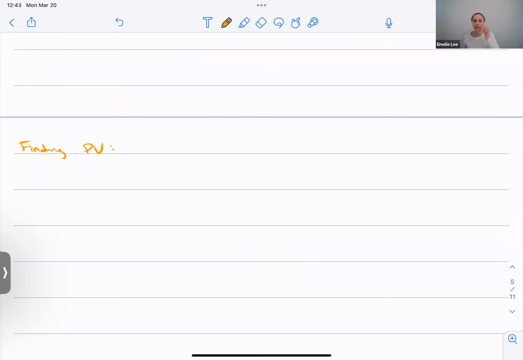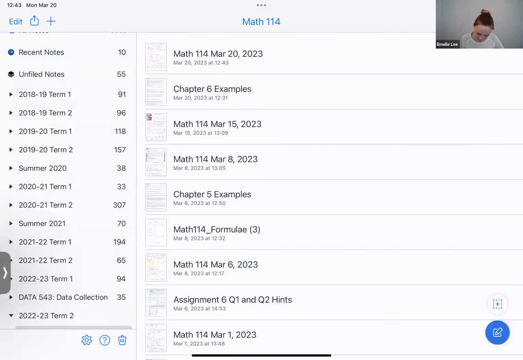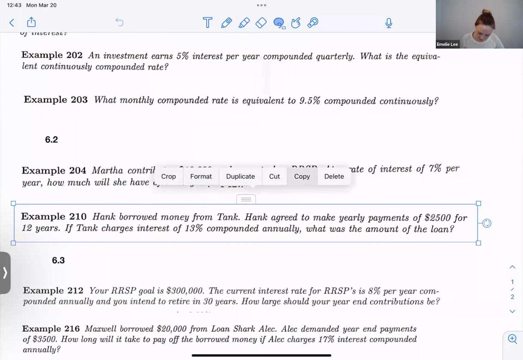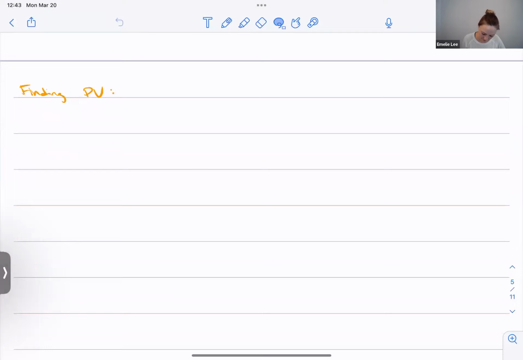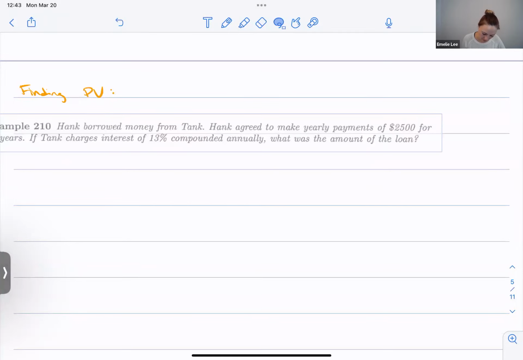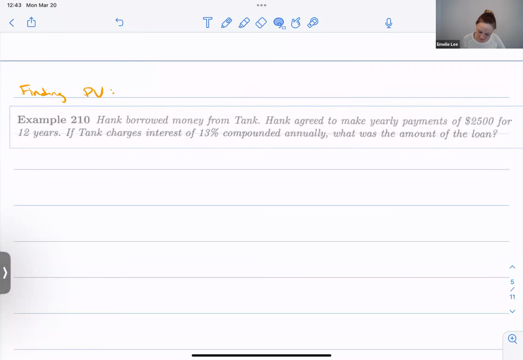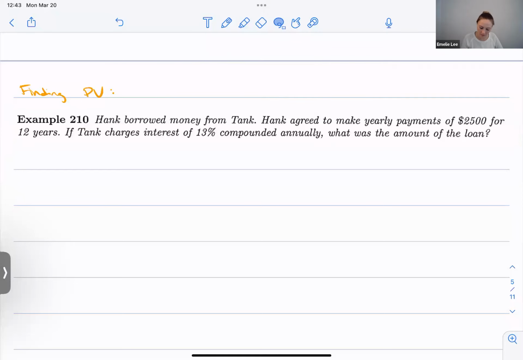Finding the present value, what does that look like? What does the wording look like, and how do we solve it? So our next example is example 210. We do pretty much the same thing, except now things are going to get pulled backwards to today.